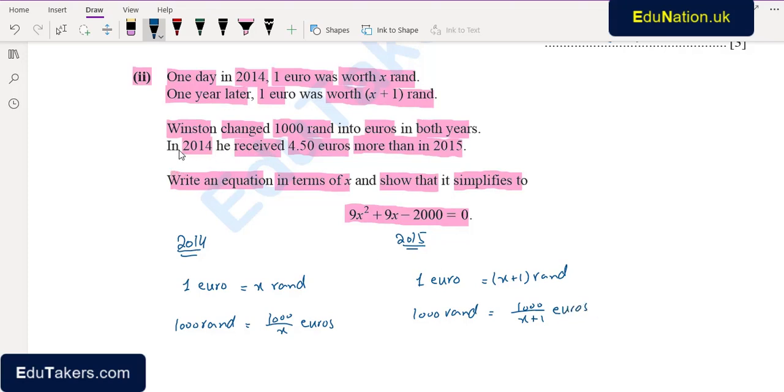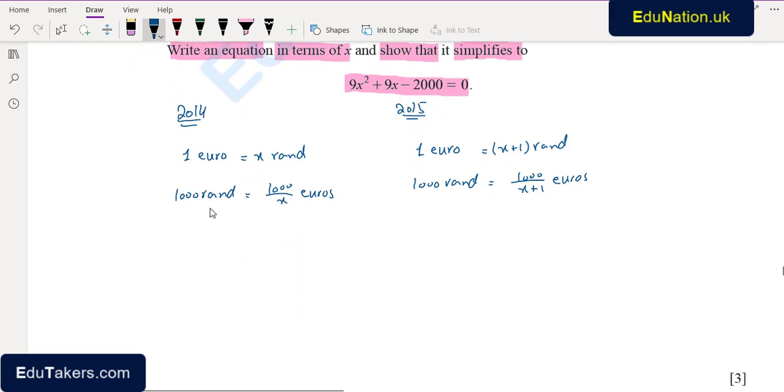And in 2014, he received 4.50 euros more than in 2015. That means 1000 over x equals 1000 over x plus 1 plus 4.50.